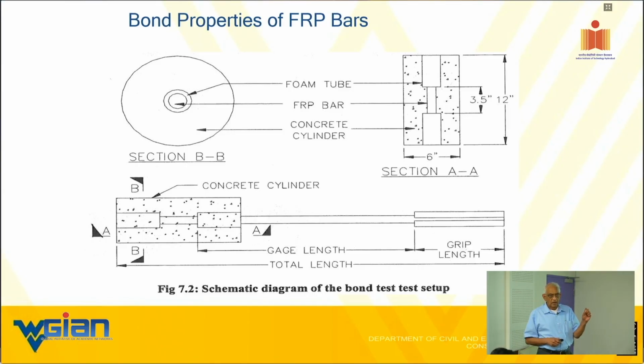beyond 120 mils, means 120 divided by 1000 inches. I said do not exceed. Preferably stay between 40 to 60 if you can. Or else, you know what happened? The failure will be in the glue line, not in the specimen.